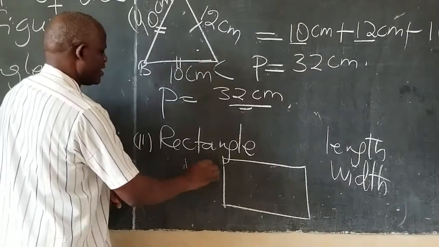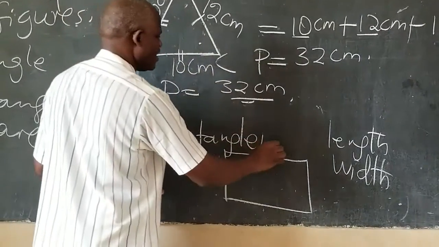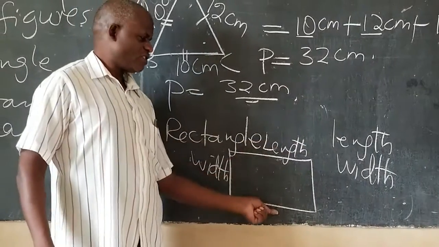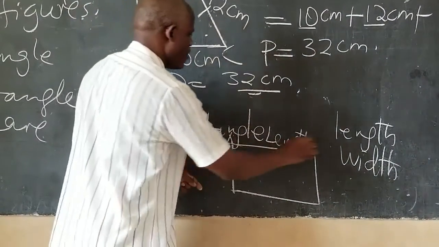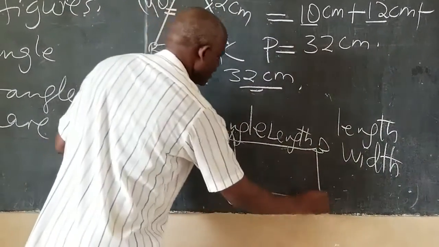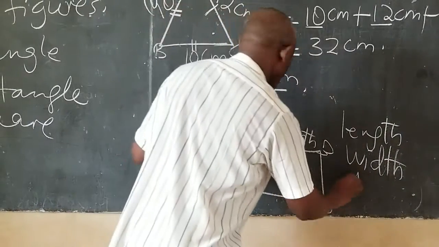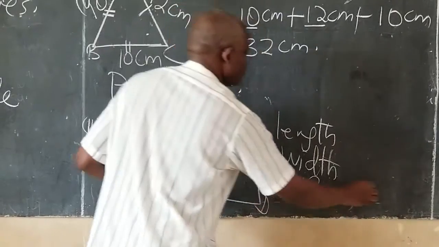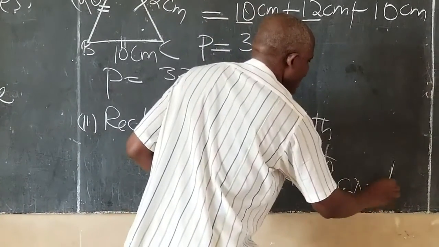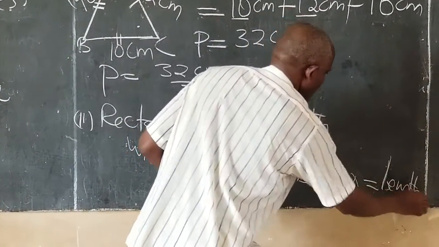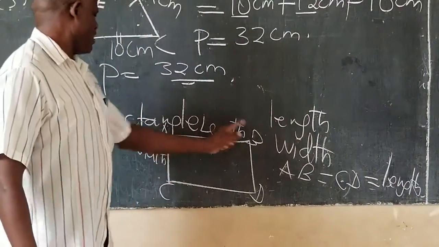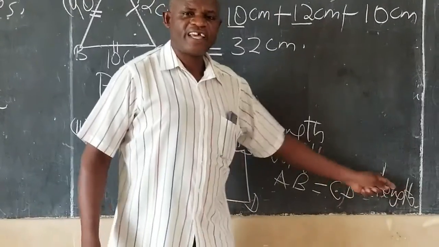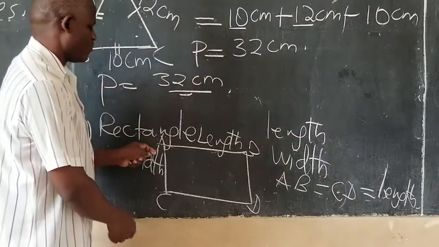This is width and this is length. Now length has two sides. This is A, B, C, D. AB is equal to CD because both are length of this rectangle.